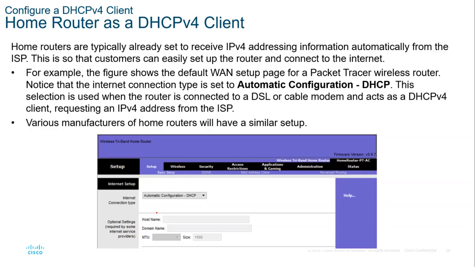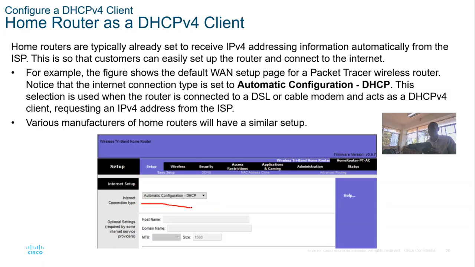When it comes to home routers, these devices do have interfaces where you can set the internet connection type, as you can see here. It is set to automatic configuration DHCP.